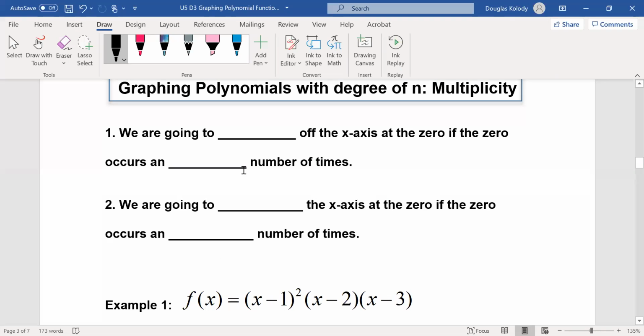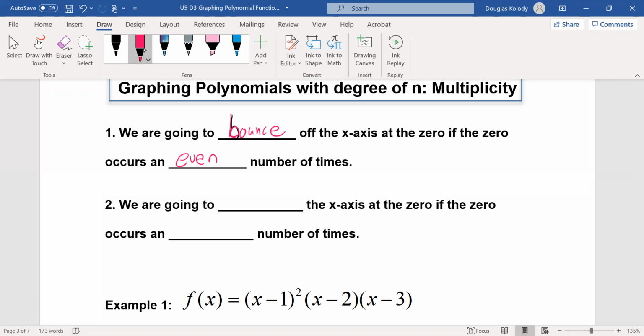So I'll do this in red, we are going to bounce off the x-axis at the 0 if the 0 occurs an even number of times. In other words, if the exponent of the factor is even, we bounce off the x-axis.